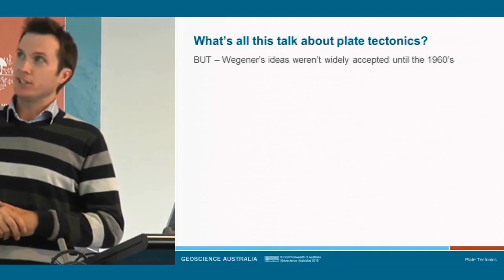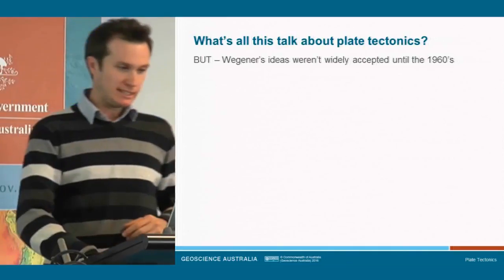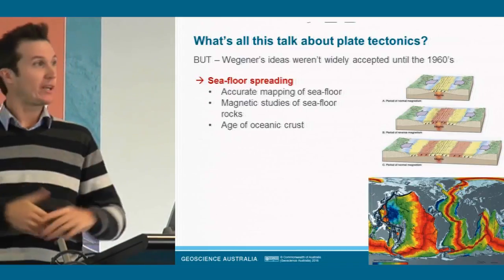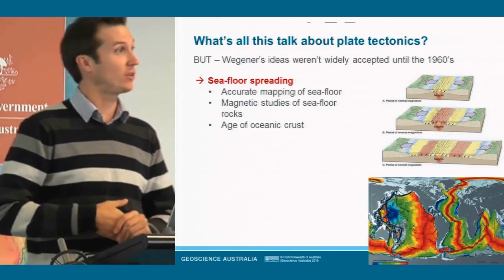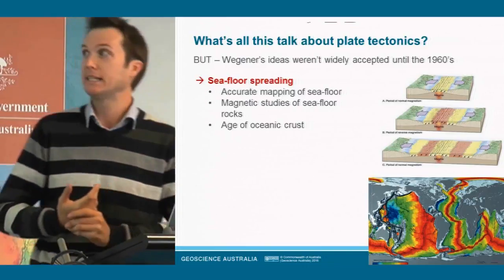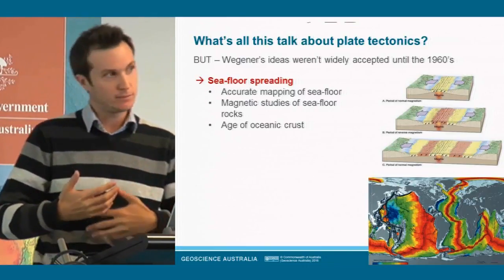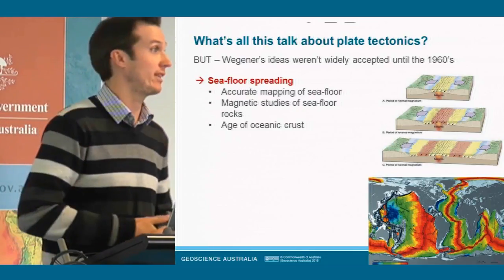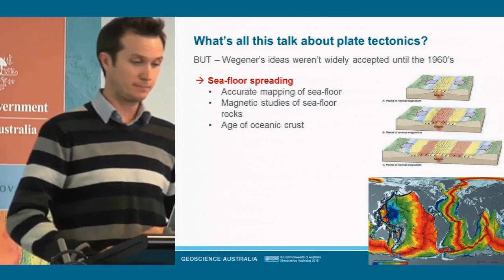Okay, so Wegener's ideas weren't really accepted until the 1960s, and it took off quite quickly after that with advances in technology when we were able to map the seafloor, and in particular look at things like the age of oceanic rocks.